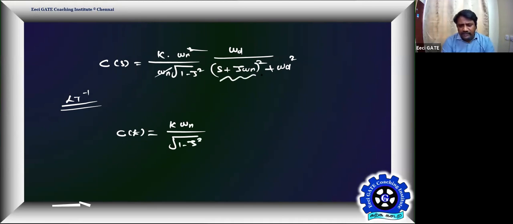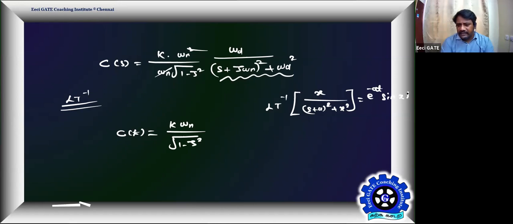Then the Laplace inverse of this resembles the Laplace inverse of x by (s plus a) whole square plus x square, which is equal to e power minus at into sine xt.